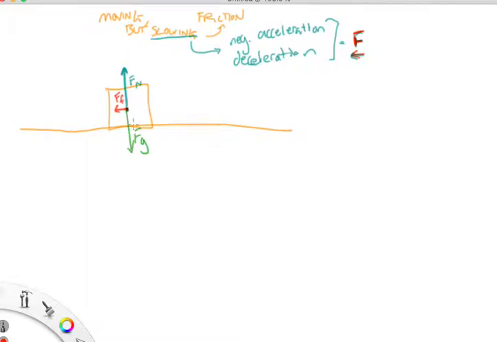So overall, if you look at the sum of all the vectors, the normal force plus the gravitational force plus the frictional force, this is a very simplistic kind of reasoning, but I'm going to just try to walk through it right here. This normal force is pointing directly up with a certain magnitude.